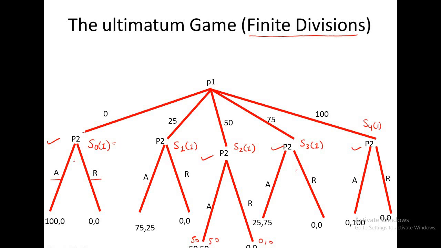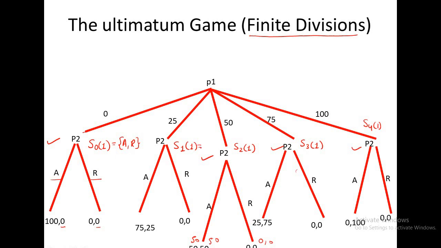Tell me which action is best for P2 here. If P2 accepts, he will get 0. If P2 rejects, he will get 0, right? So both actions are optimal. So here the output of S01 is A and R. A means accept, R means reject. Both are optimal here.